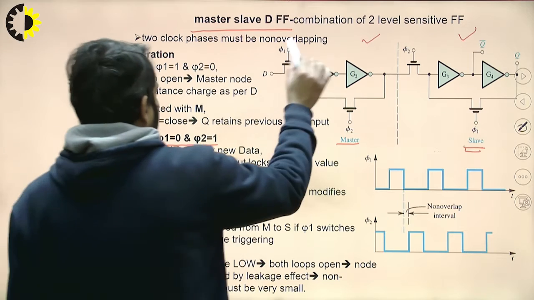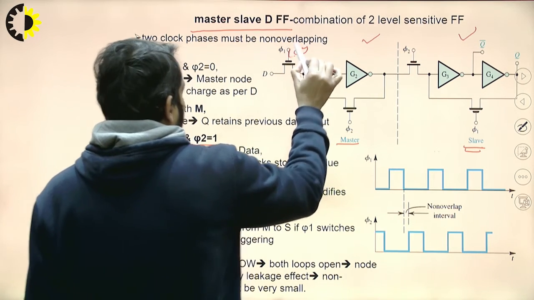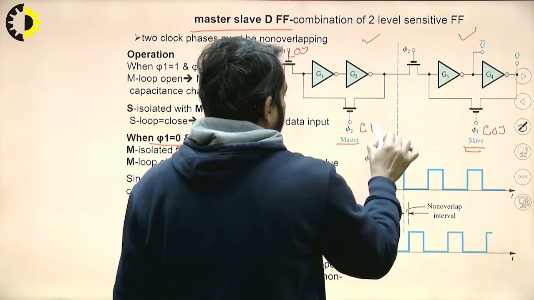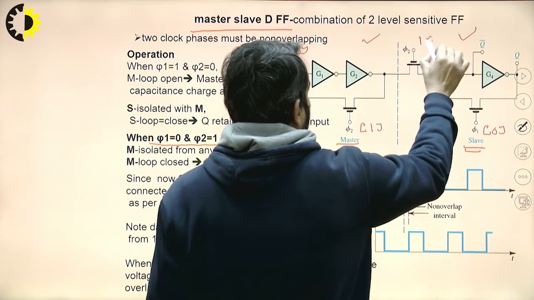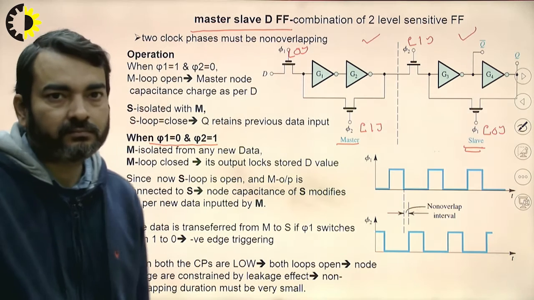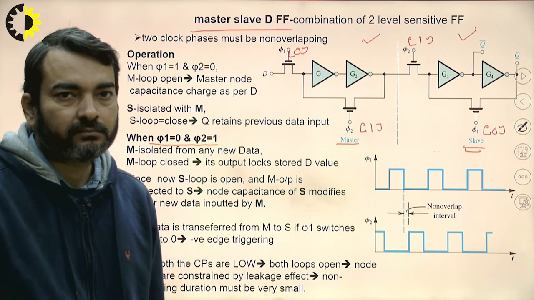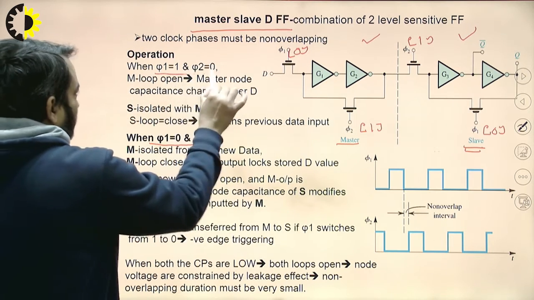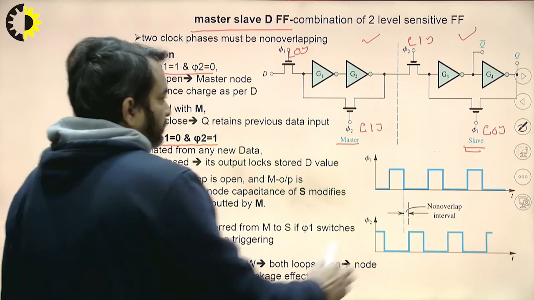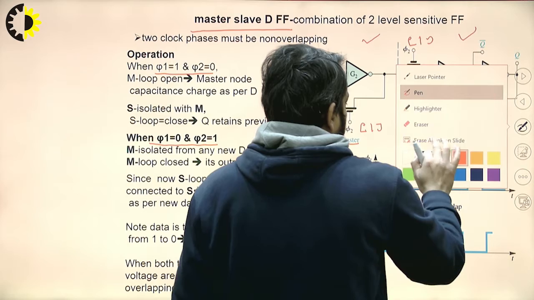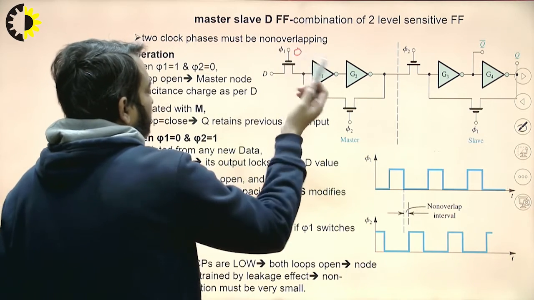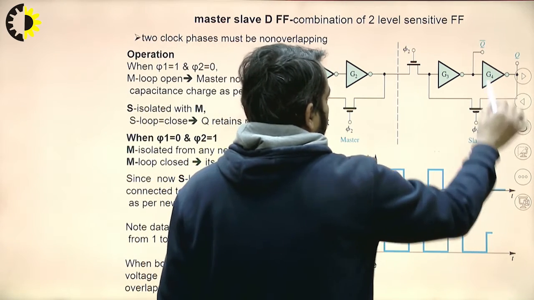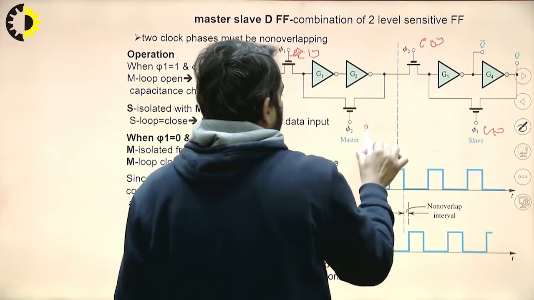If clock phi 1 is 0, so this will be 0, this will be 0, this will be 1, and this will be 1. Better we take the reverse case. Starting from this, first we will input the data. It is 1, it is 1, it is 0, it is 0.